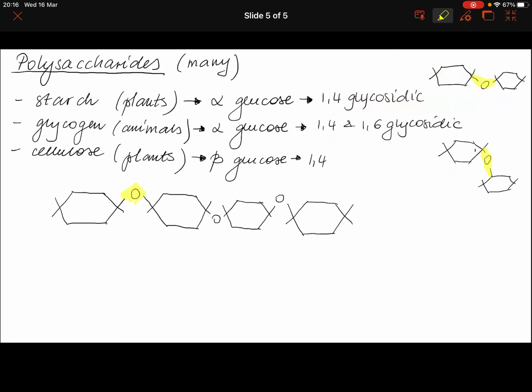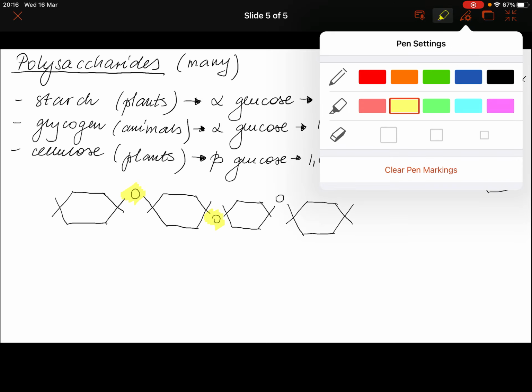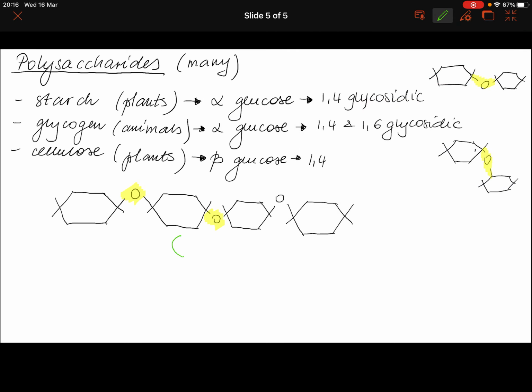The reason why this glycosidic bond sometimes is on the top, sometimes on the bottom, is the fact that the beta glucose rotates by 180 degrees.